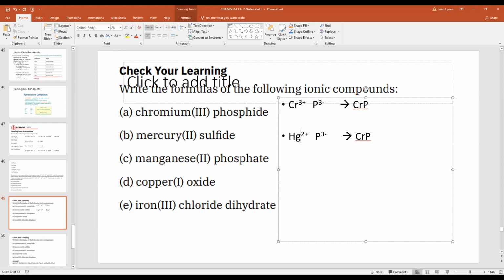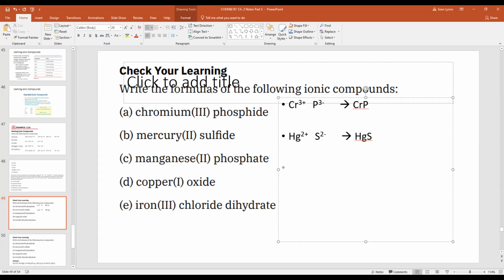Mercury 2 sulfide, mercury with a +2 charge, and then sulfur, group 16, is going to be a -2. So in this case, we're just going to have HgS. Again, we've got equal but opposite charges there. So we just need one of each of those ions in order to balance out the other. So that's why we just have HgS, or we just have CrP for the first one.